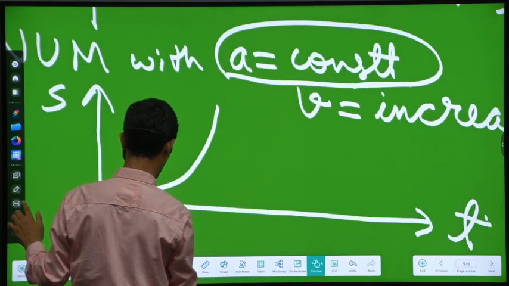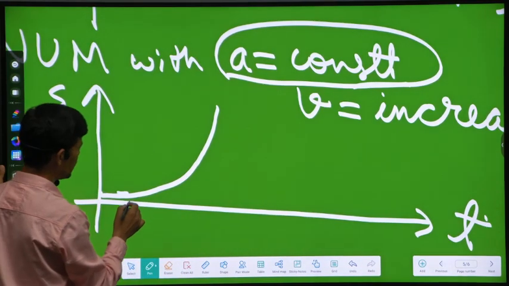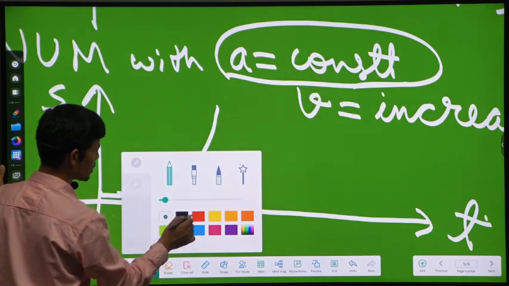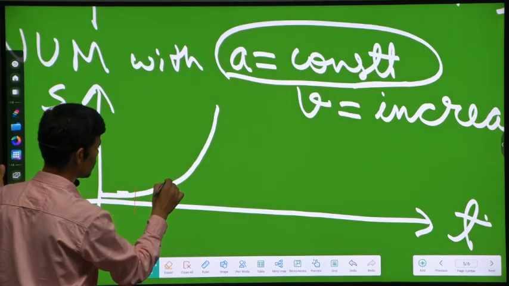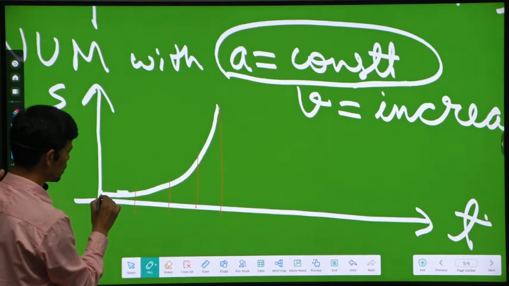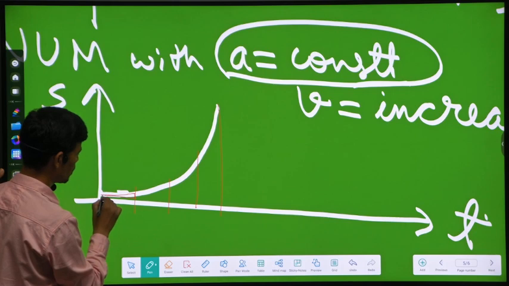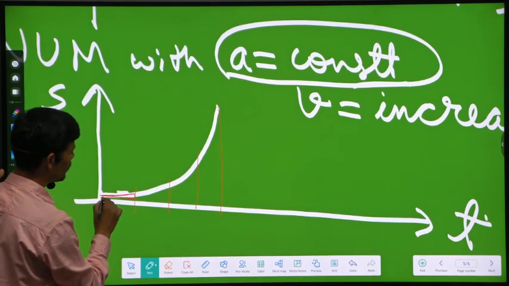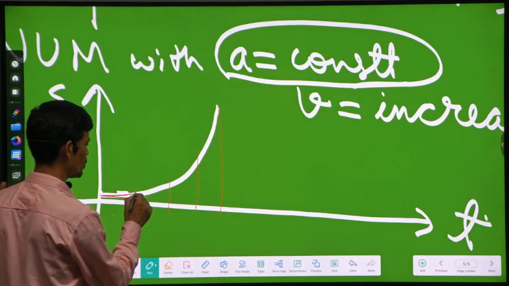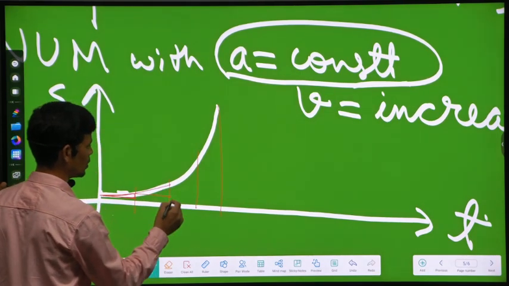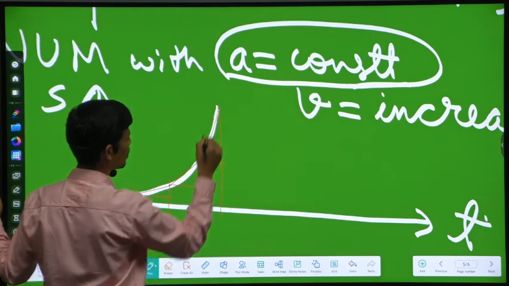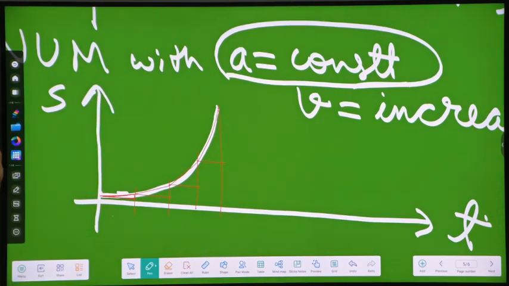All right. If I divide this graph into a number of parts, I have taken almost equal intervals so that the base is the same, and then you can see the slope is increasing.